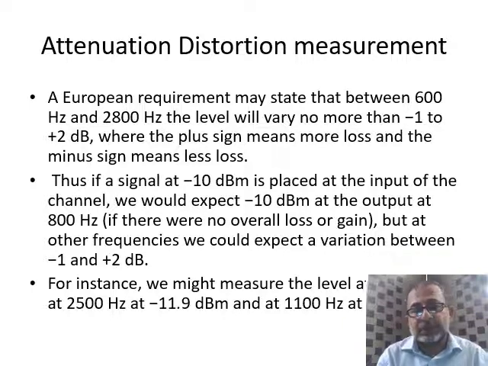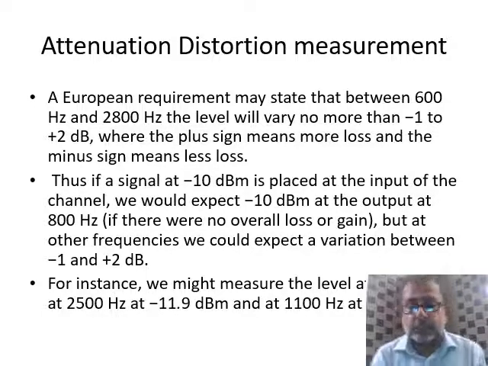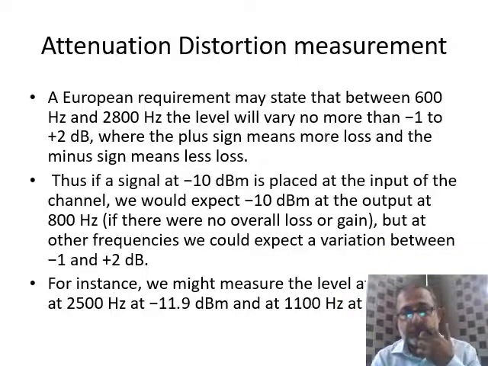So if a signal at -10 dBm is placed at the input of the channel, we would expect -10 dBm at the output, but that would occur only if there is no attenuation at all. We are measuring it at 800 Hertz, but at other frequencies, we would expect a variation between -1 to +2 dBs.